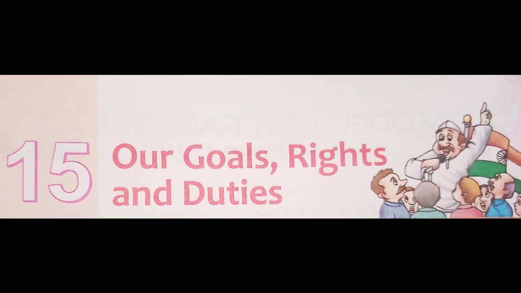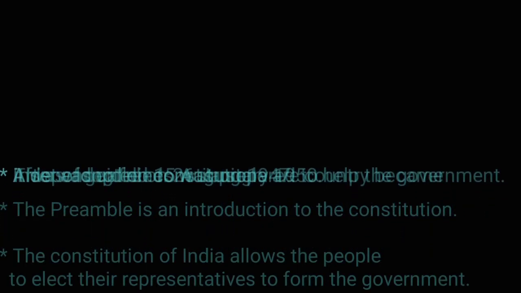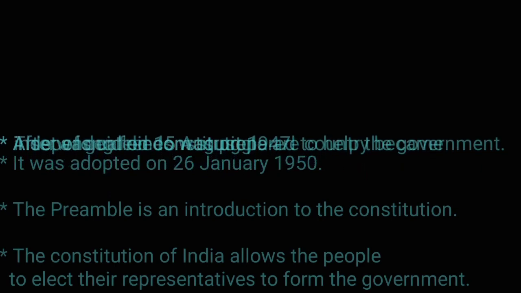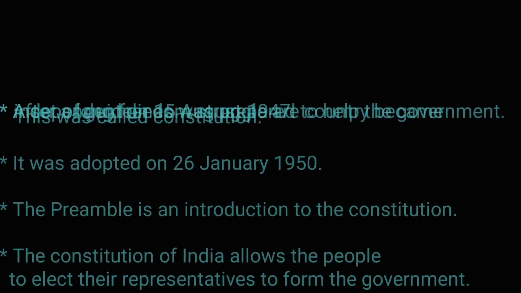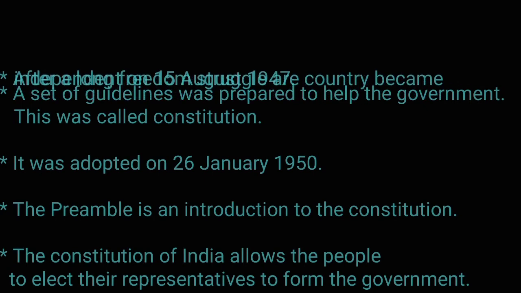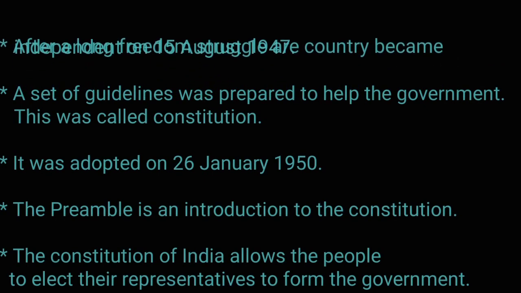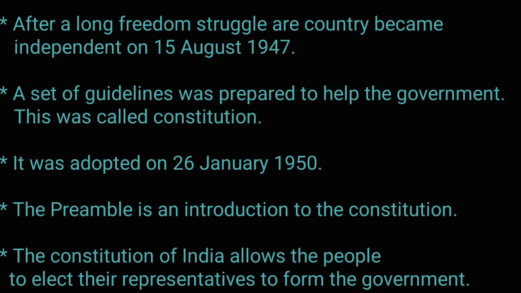In this chapter, we have studied that after a long freedom struggle, our country became independent on 15th August 1947. A set of guidelines was prepared to help the government. This was called the Constitution.